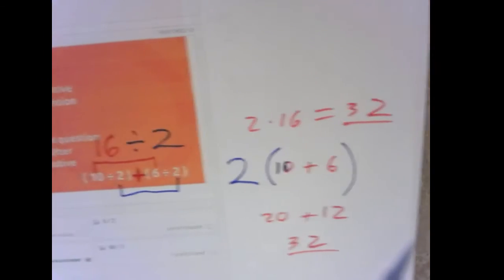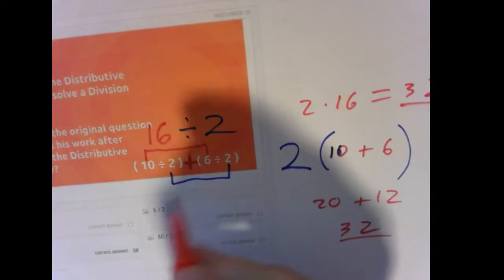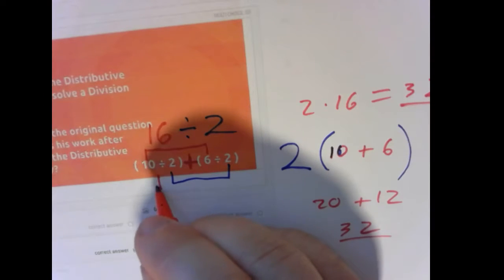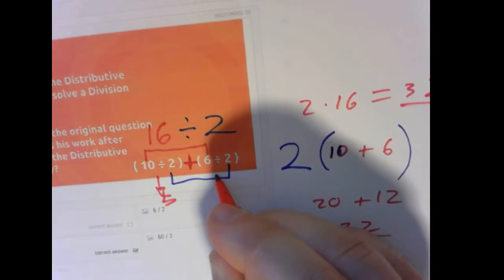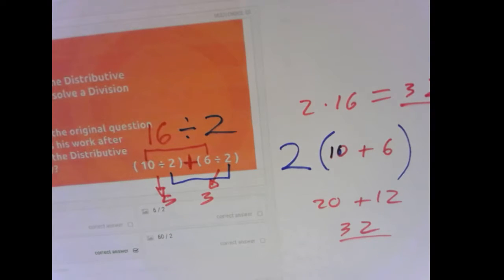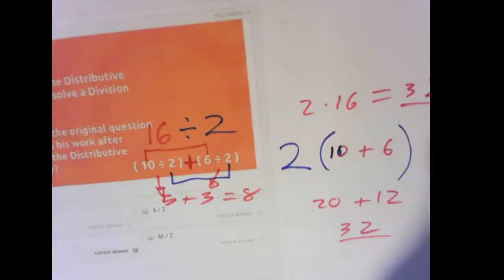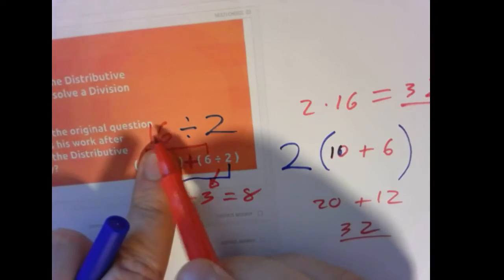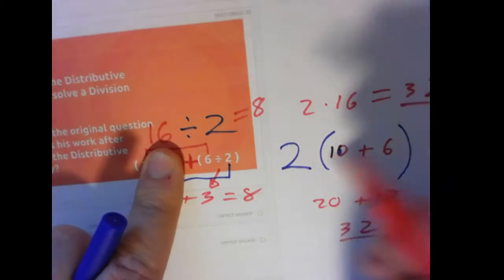Now this ends up going the other direction, so 10 divided by 2 is 5, and 6 divided by 2 is 3. Okay, 5 plus 3 equals 8. Now we can see, coming back to it, if we had the original question of 16 divided by 2, that also makes 8.